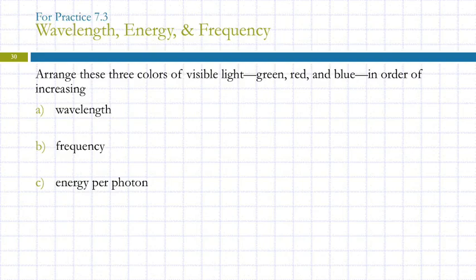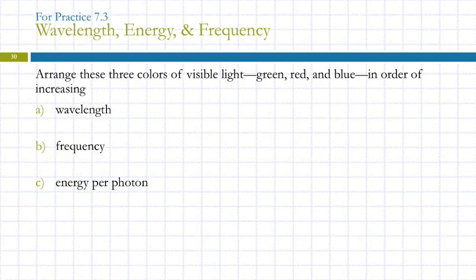Okay, so here's one of those arranging orders. So green, red, and blue. Arrange these three colors of visible light in order of increasing wavelength, frequency, and energy per photon. So apparently, they don't teach this very well in school. What does it mean to put something in order of increasing?